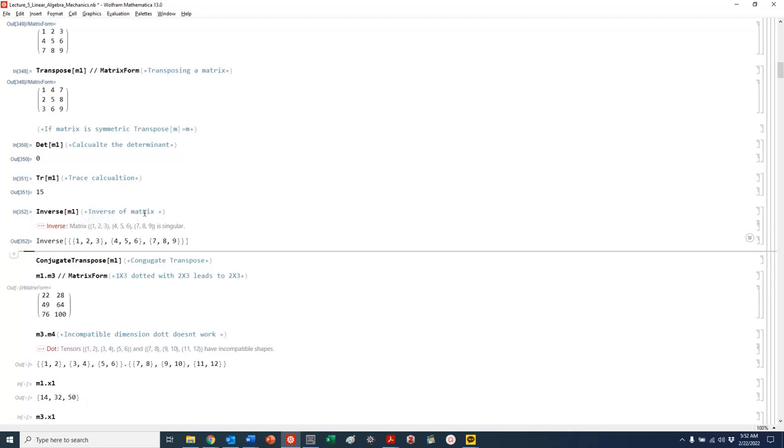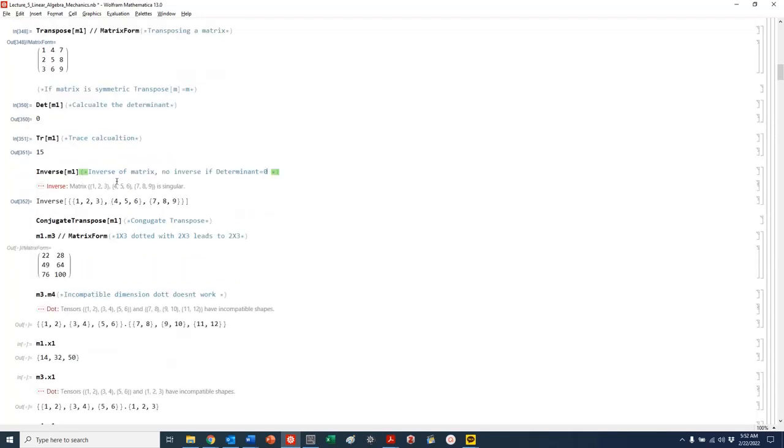Oops, why doesn't it give me the inverse here? It doesn't give me the inverse because I cannot calculate the inverse if the determinant equals 0. That's a property of matrices.